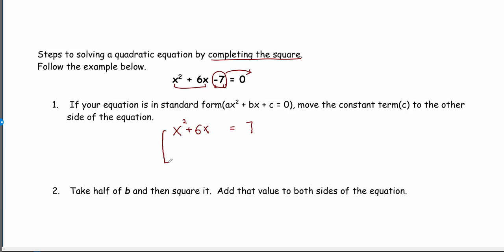We know the squared form looks like this: x plus half of this number, always, 3, squared. So from here, we find these numbers. When you expand this, what do you get? x squared plus 2 times 3 times x, which is 6x, plus 3 squared, which is 9, right?